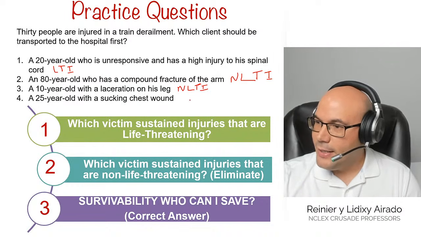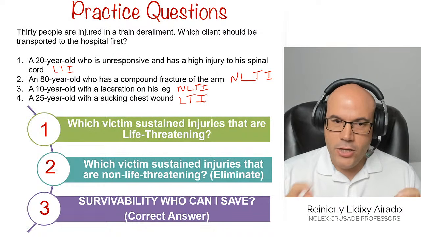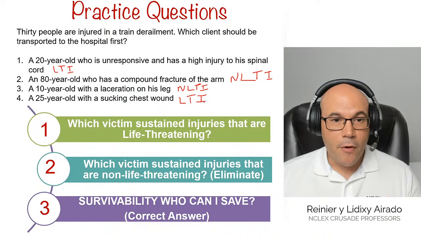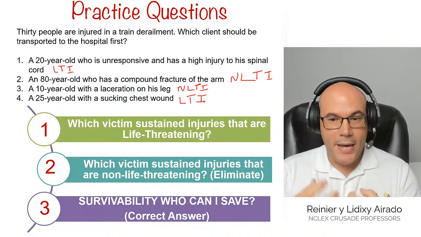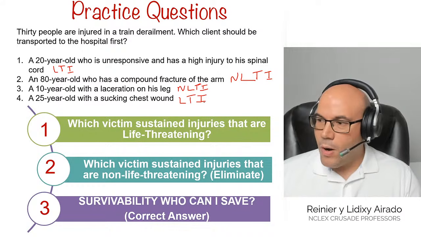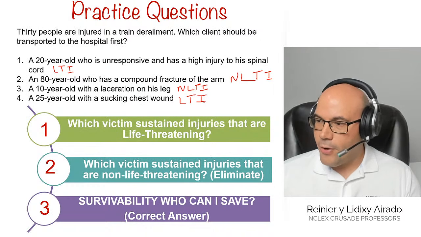This is a life-threatening injury. It's very important that you understand how to do these steps, because these type of questions can get very complicated. And if you don't know the basics, you're going to make a lot of mistakes. So step number 1, I determined which patient has a life-threatening injury.